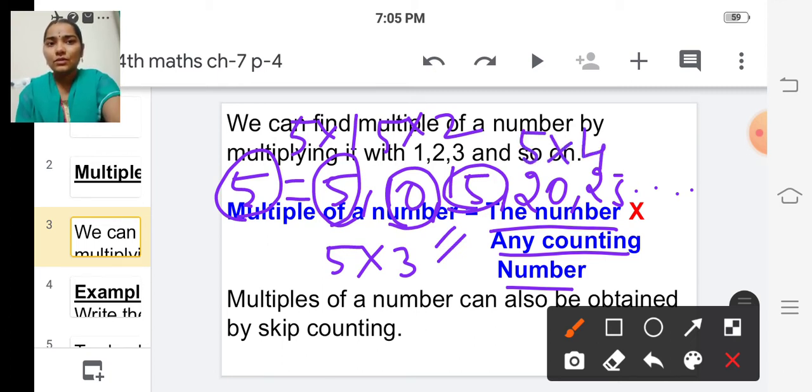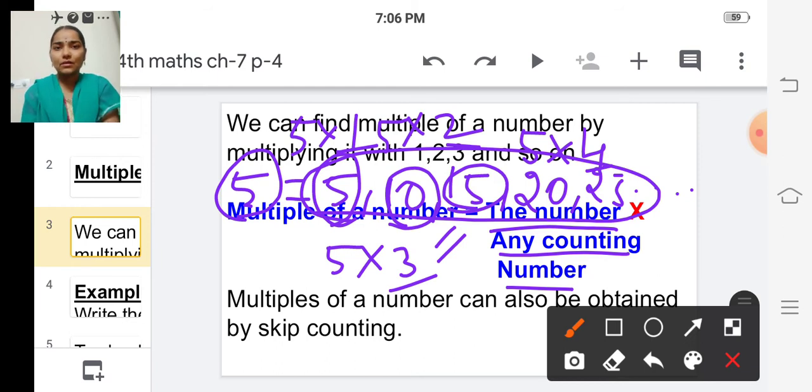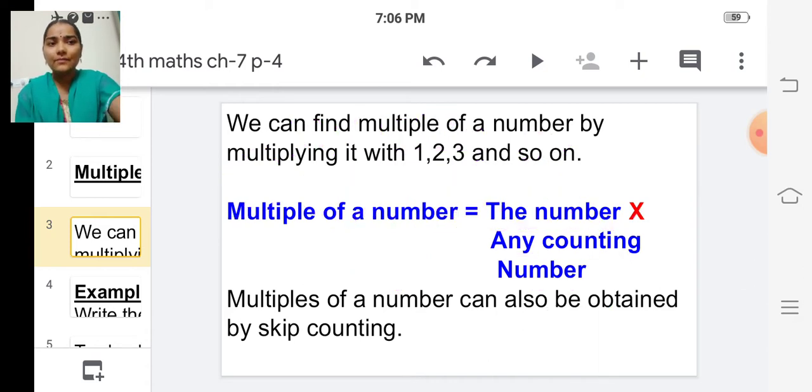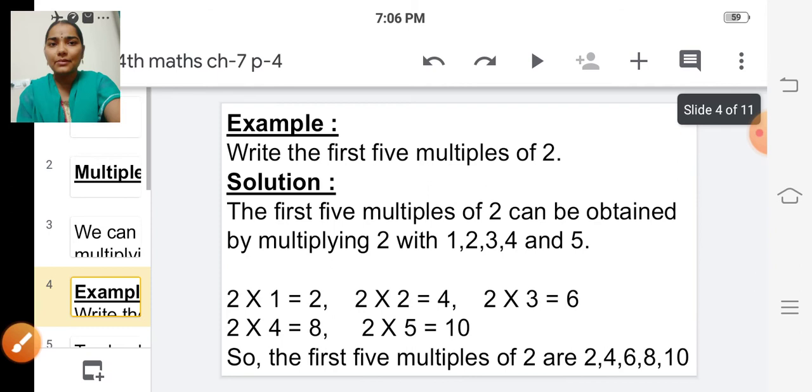So these 1, 2, 3, 4, etc. are the counting numbers. Or we can directly write the multiples by skip counting by the given number. We'll see some examples, then you will get a clear idea.